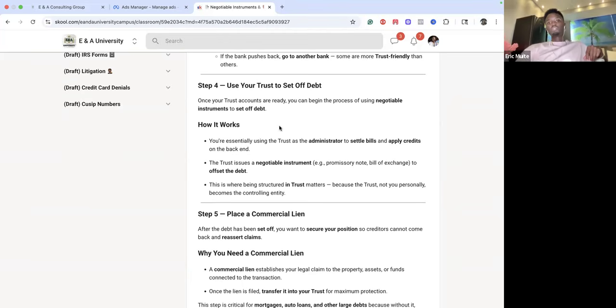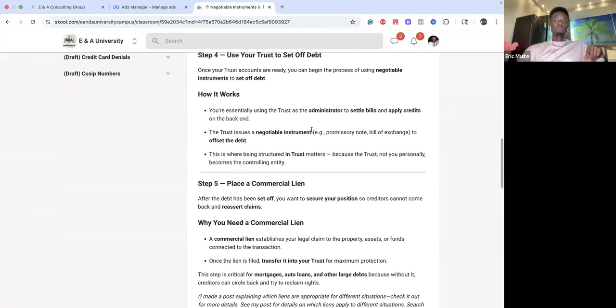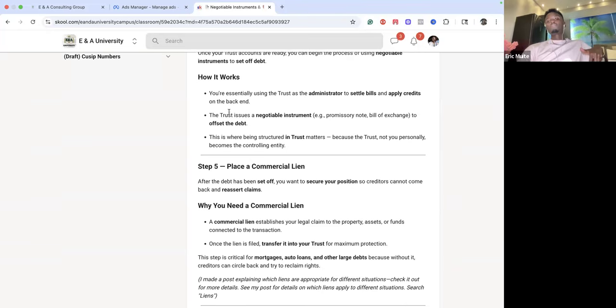You want to use your trust to set off the debts. Once your trust accounts are ready, you can begin to process those negotiable instruments to set them off. So how does it work? Essentially, you're using the trust as the administrator to settle bills and apply credits on the back end. The trust issues the negotiable instruments, the promissory note, bills of exchange, to offset the debt.